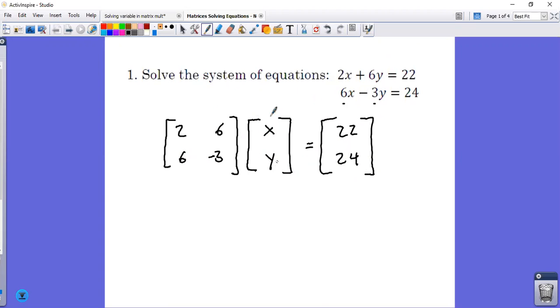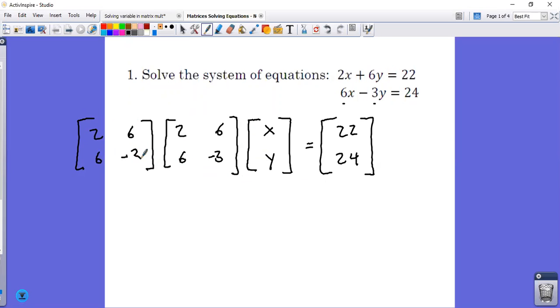Now, I want to know what X and Y are, so I need to get rid of this matrix. Like I said before, we can't divide matrices. You can't divide that out. So what we do is use what's called the inverse of this matrix. And there's a whole explanation for this, but we're not going to worry about getting too deep into it.